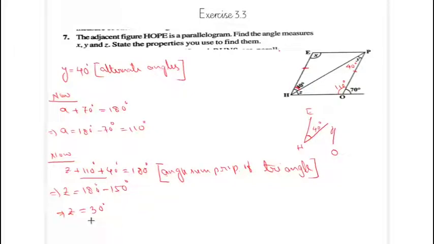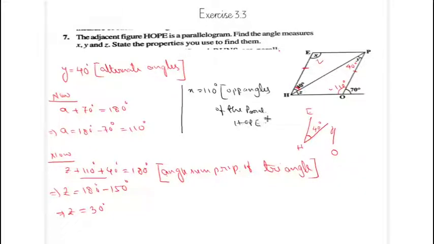Now we are left with x. Now we know that the opposite angles of a parallelogram are equal. So x is equals to 110 degree because this angle and this angle x is opposite and it is a parallelogram. So here we will write that x equals to 110 degree because opposite angles of the parallelogram HOPE.